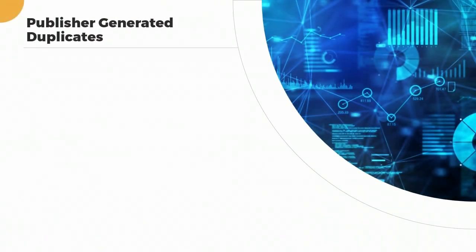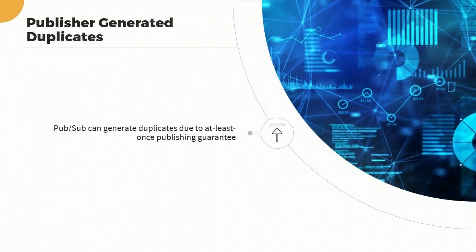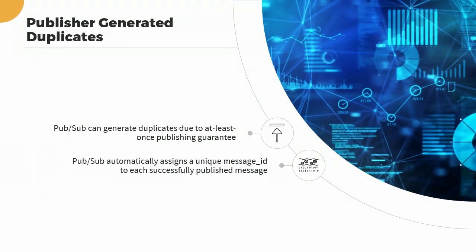Now, there are also some publisher-generated duplicates that we need to look out for. One of them is that PubSub can generate duplicates due to its at-least-once publishing guarantee. Like I was mentioning before, there's an at-least-once, and that means it could be more than one. PubSub automatically assigns a unique message ID to each successfully published message, and from there, we can use this to identify all of the messages that are duplicated if they have the same message ID.